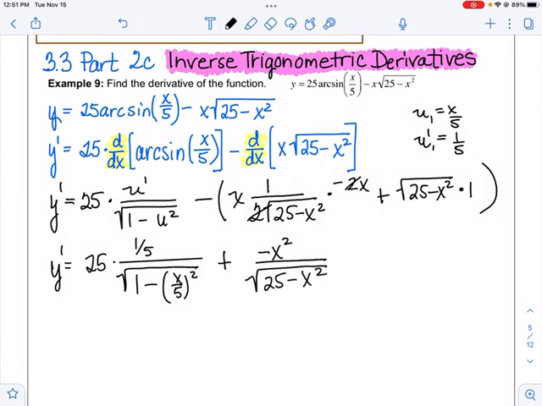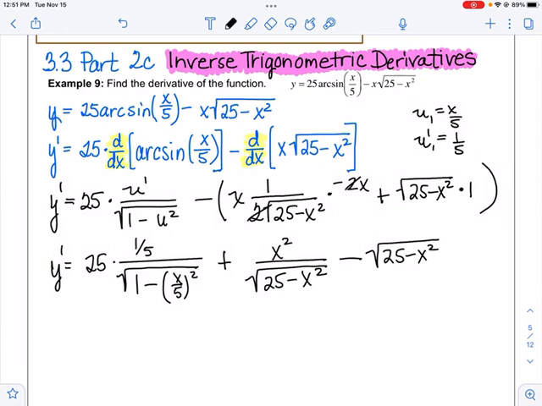Oh, I'm sorry, that would be a plus here, my mistake. That's a minus becomes a plus, but then I have a minus that's going to be distributed to the square root of 25 minus x squared. Okay, all right, there we go.